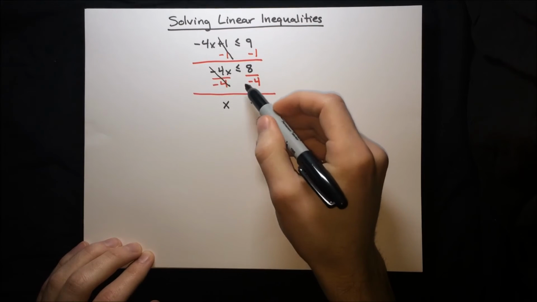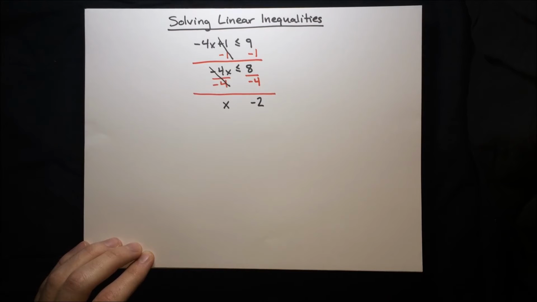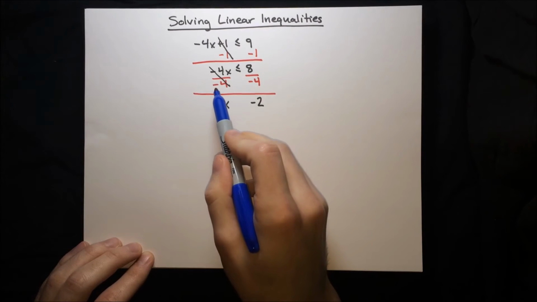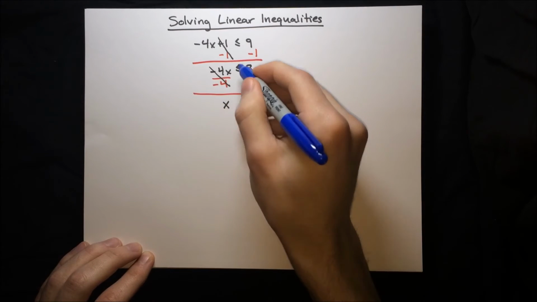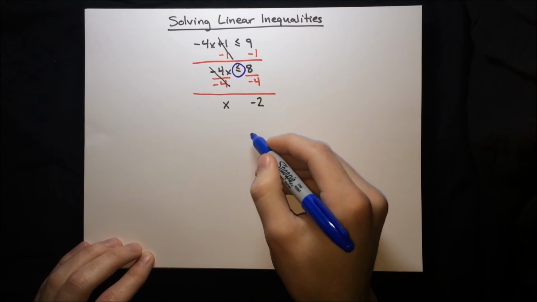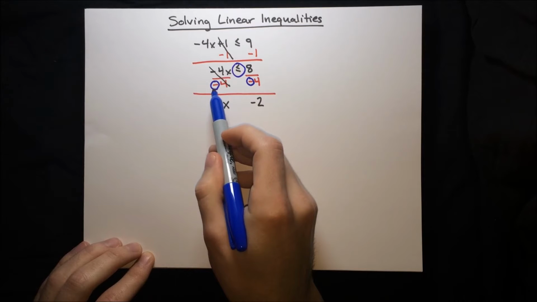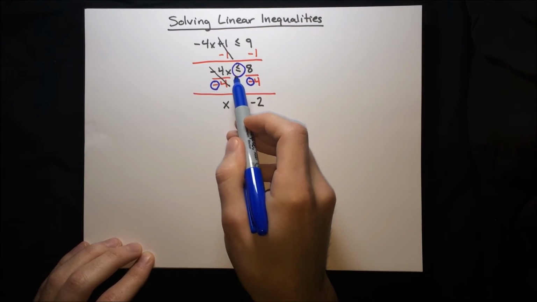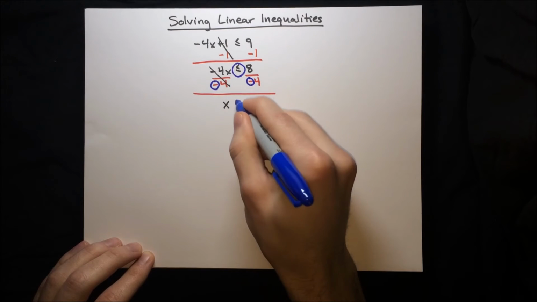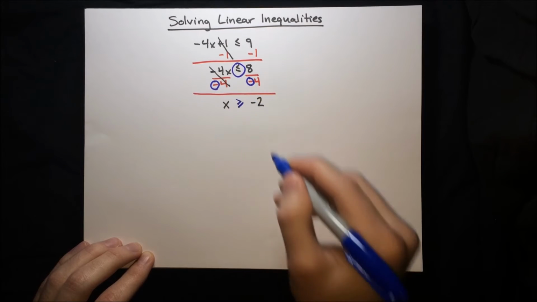And now the catch here is that because we divided by a negative number, we have to flip the sign of the inequality. Originally it's less than or equal to, now we have to flip it to greater than or equal to.